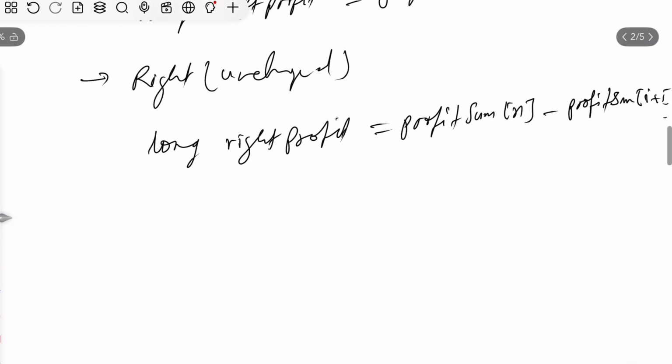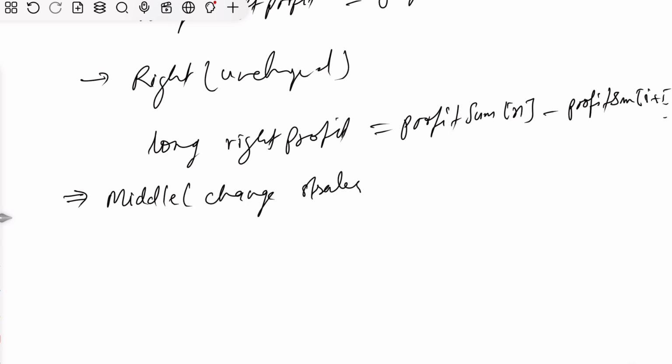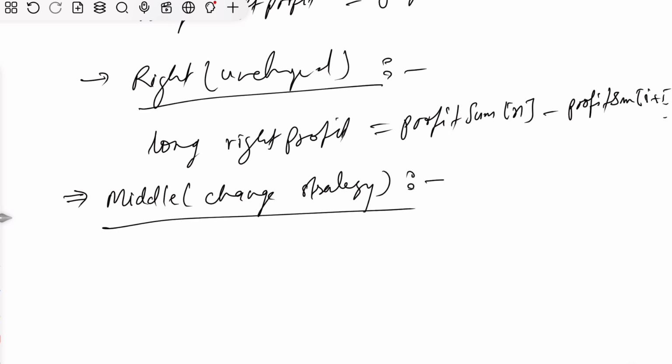Now where the strategy changes is the main thing here. So we'll say the middle part is where we change the strategy. So what will we do there?